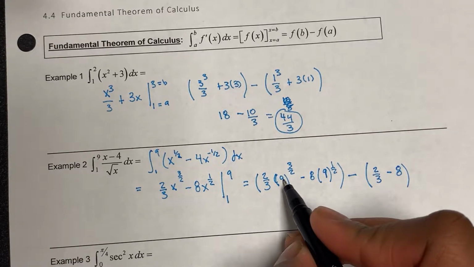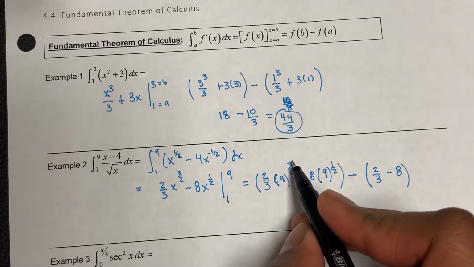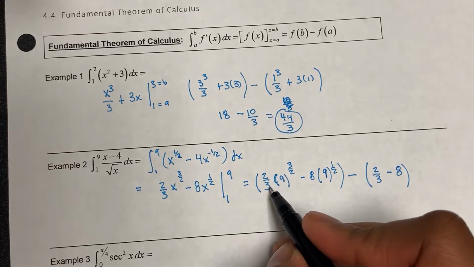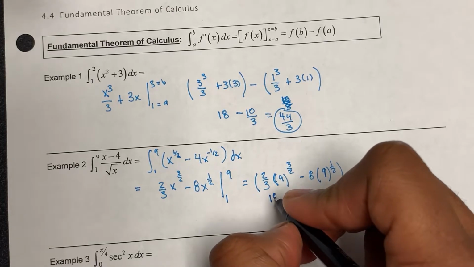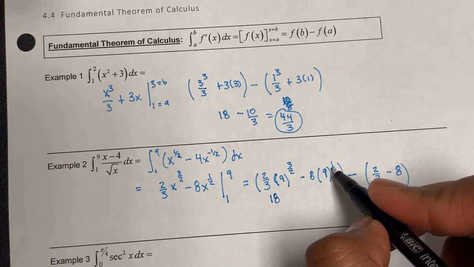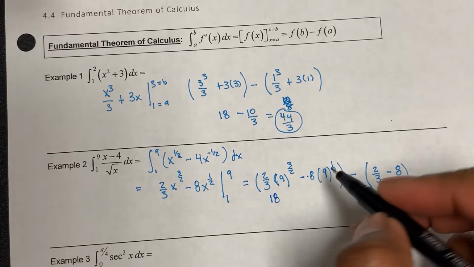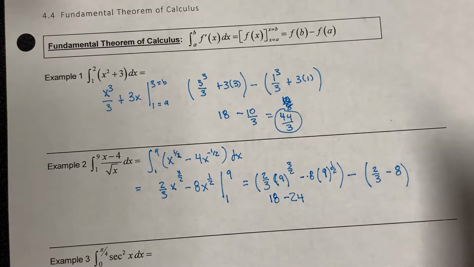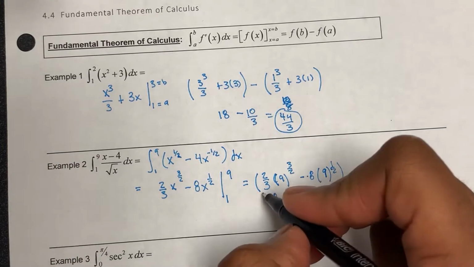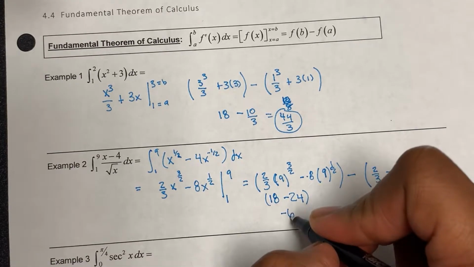The square root of 9 is 3 cubed is 27, divided by 3 is 9, times 2 is 18. The square root of 9 is 3 times negative 8 is, so minus 24. So this reduces to be negative 6.